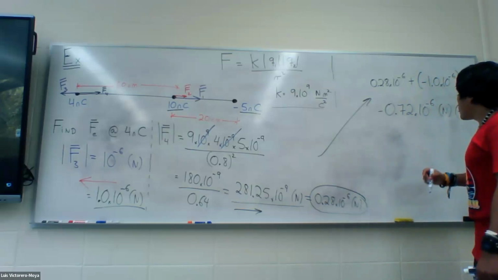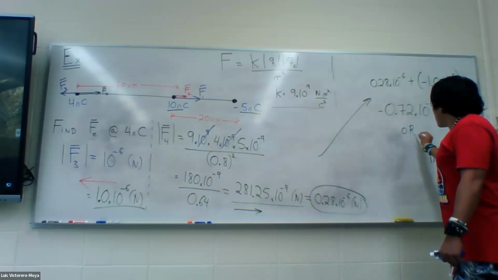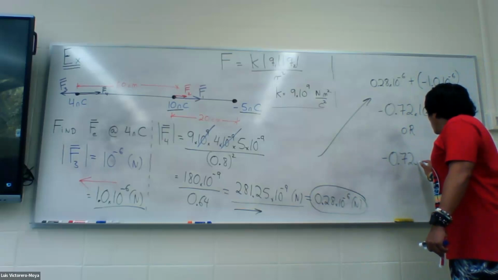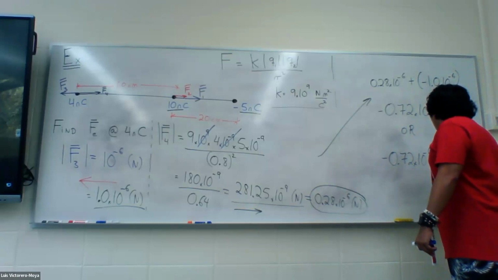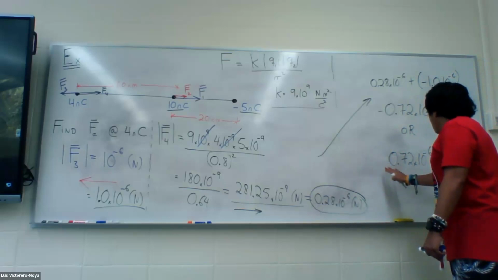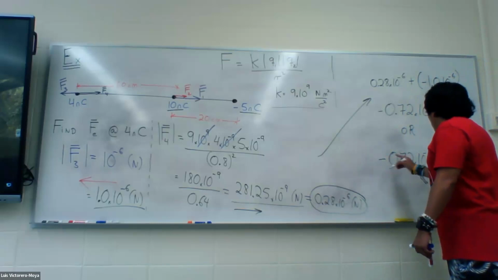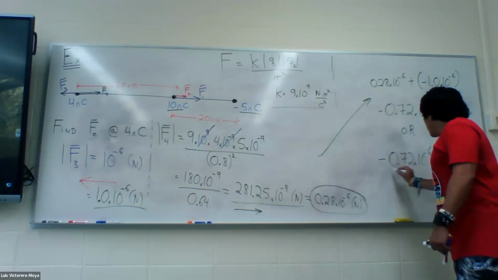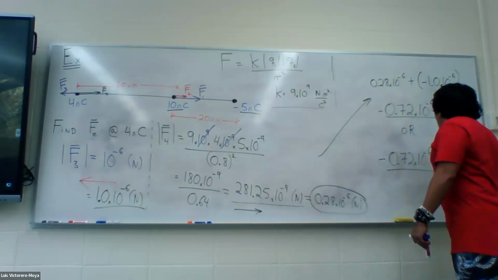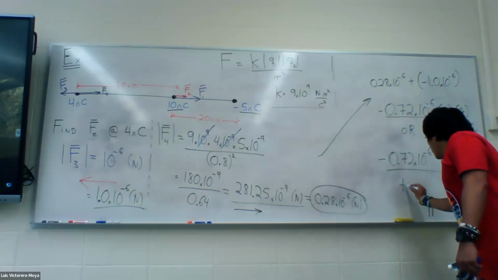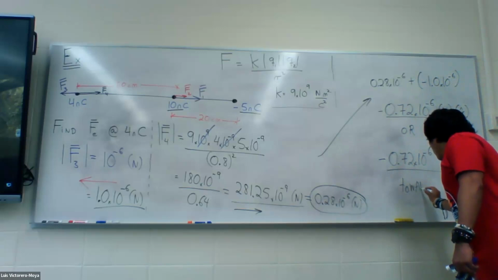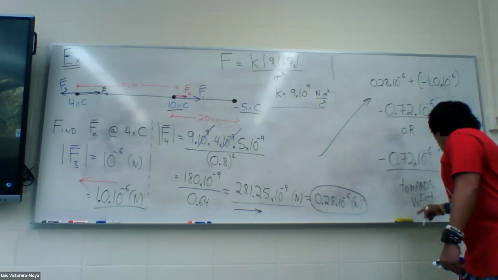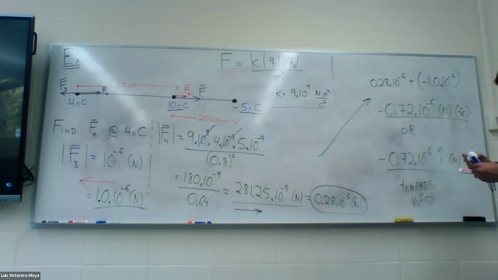You can leave it like that, or negative 0.72 times 10 to a negative 6 i newtons. Or you can say towards the west. Both are right.